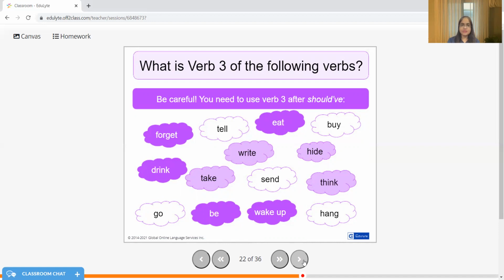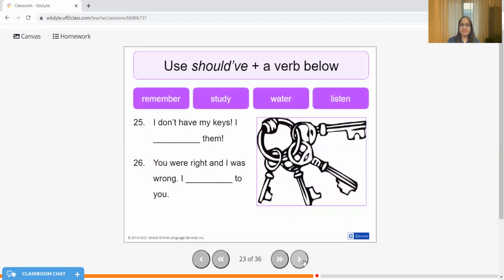Taken, written, been, told, eaten, bought, hidden, thought, hung, gone, drank, it's drunk. The third form will be drunk, forgotten, and likewise. So let's use should have with the third form of the verb.